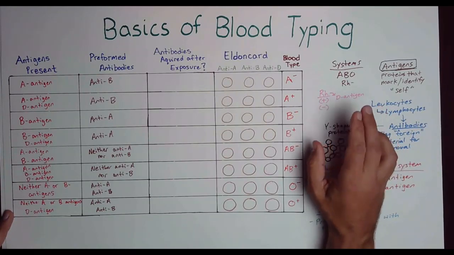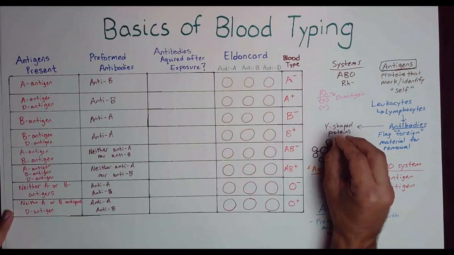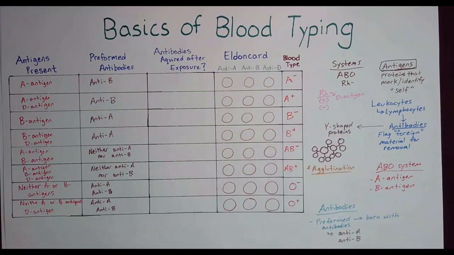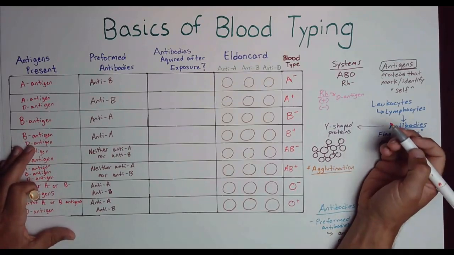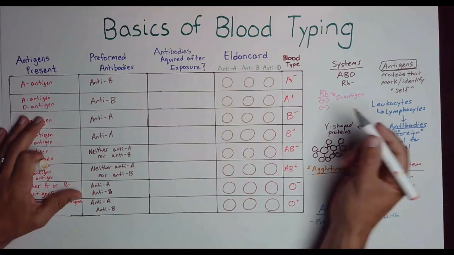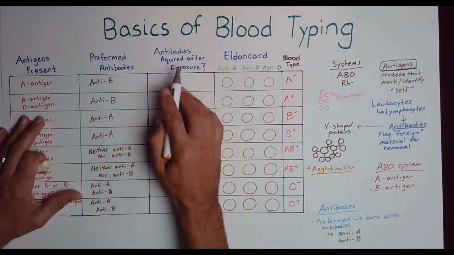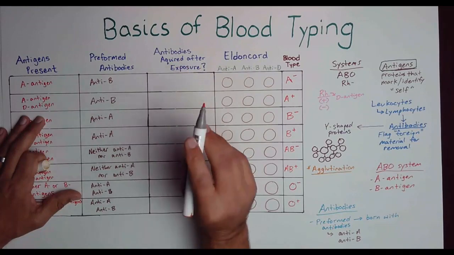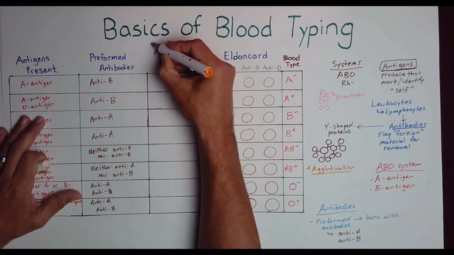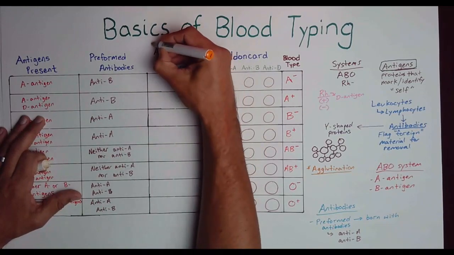So it's only after exposure. Again, you only are going to be producing antibodies to the D antigen after you've been exposed to the D antigen. And that's what this column right here is all about. Are these antibodies acquired after exposure? Which antibodies? The RH or the D, right?